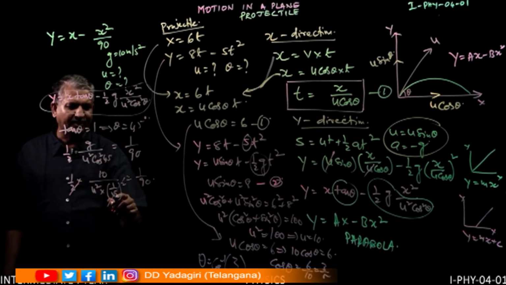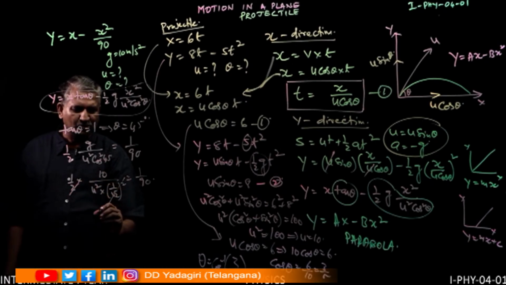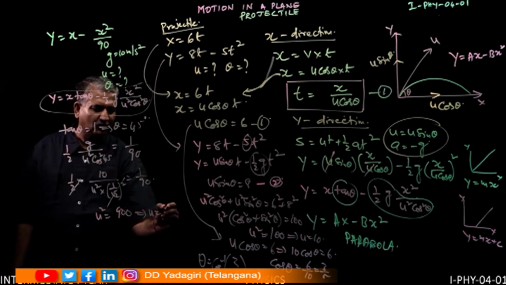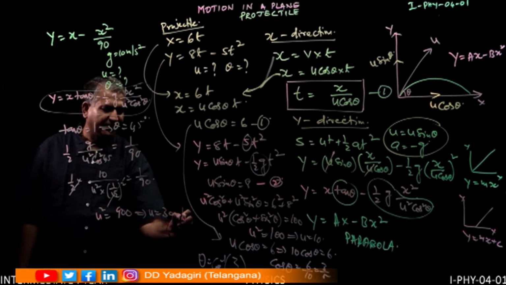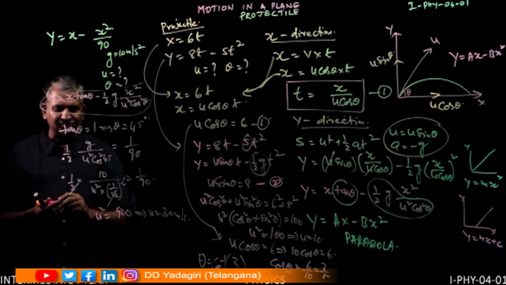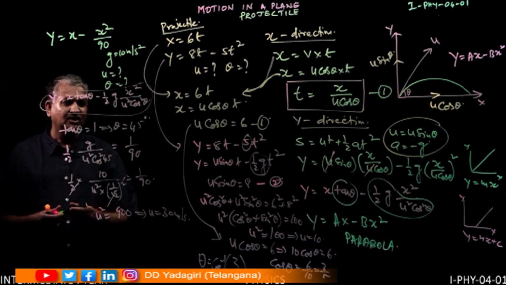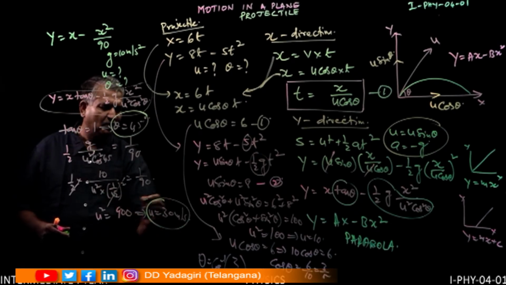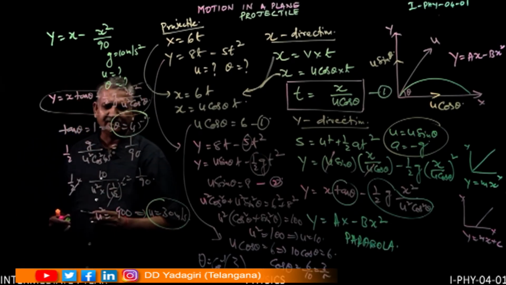So u square is equal to 900, or u is equal to 30 meters per second. So we have the answers here that theta is 45 and u is equal to 30 meters per second.